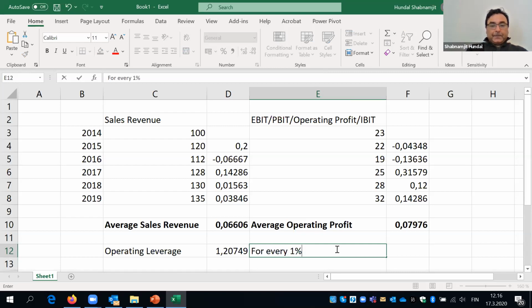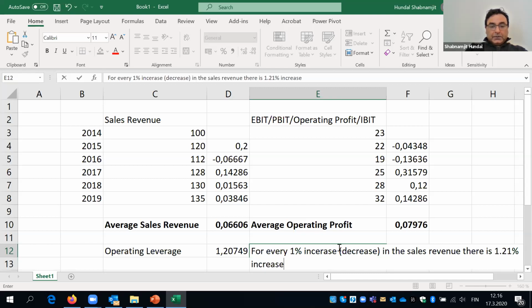So if I have to make a comment, I would say that for every 1% increase or decrease in the sales revenue, there is approximately 1.20, or 21 percent, increase or decrease in the operating profit of the company.